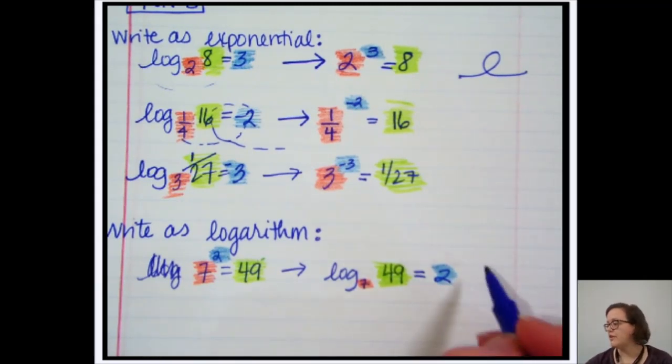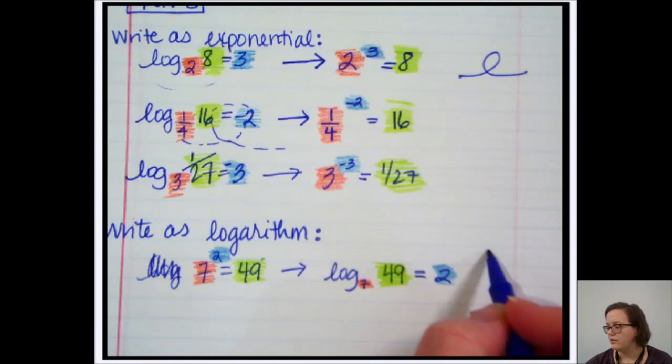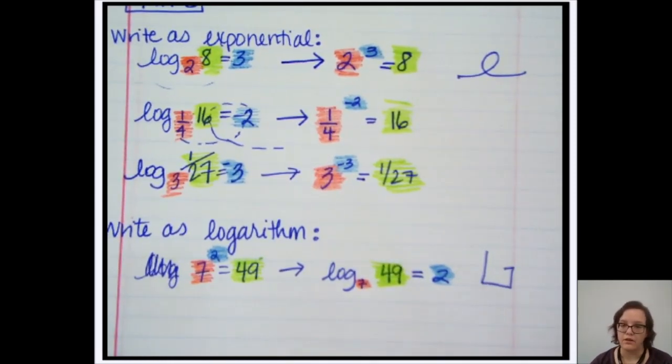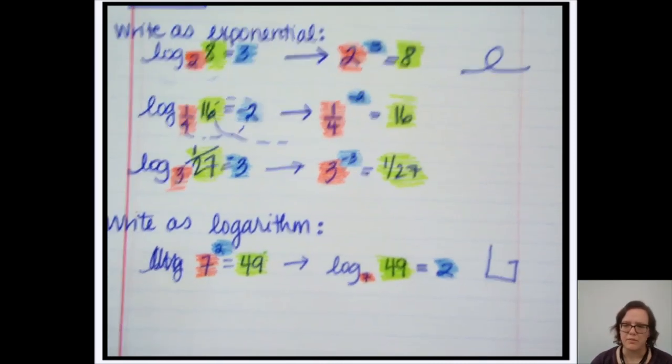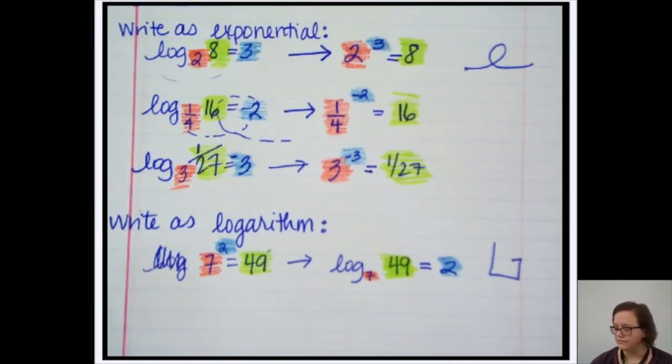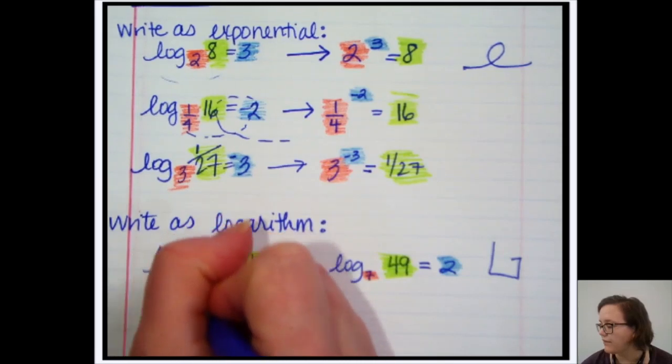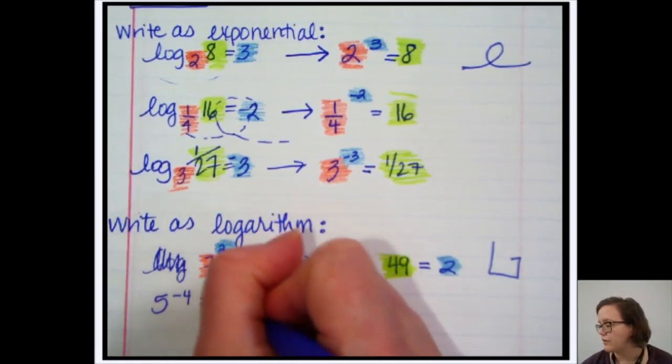There is a little way to remember this one as well. Some people make like an L. I know it's kind of a funny L, but that's how some people try to remember it, or maybe even a G for log. But let's see if we can do another one. Let's say 5 to the negative 4th is 1 over 625.